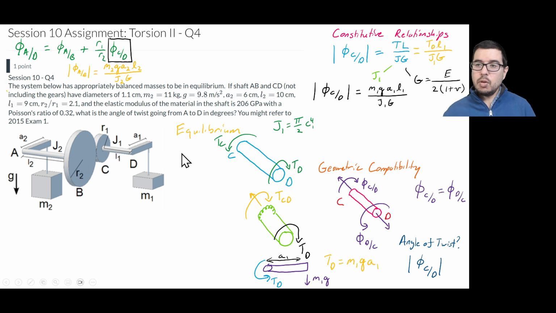So we're going to go back to equilibrium, and we're going to think about the gears and how they are affecting the transfer of torque and the transfer of force, also between the teeth of the gears.